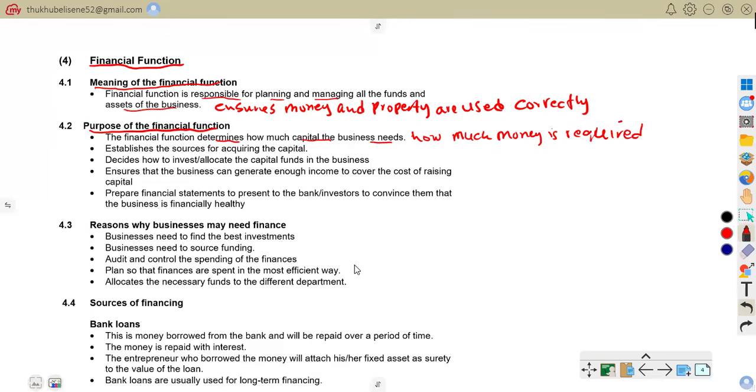For example, 50,000 is needed to start a banking business.